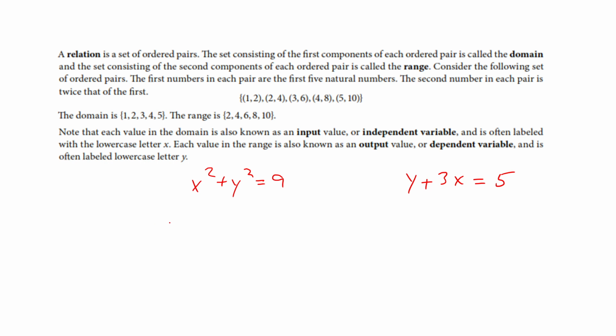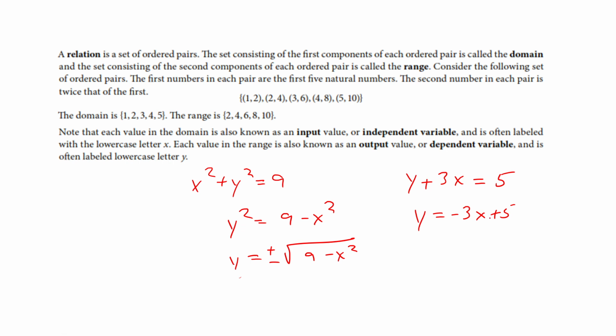But what they did was they went ahead and they solved them for y. And so what they did was they set this up as if it was a machine. Now notice here that when I had to take the square root to get y by itself, I got a plus or minus.